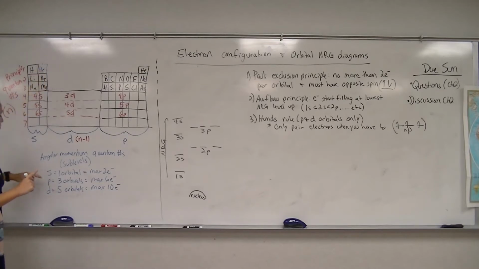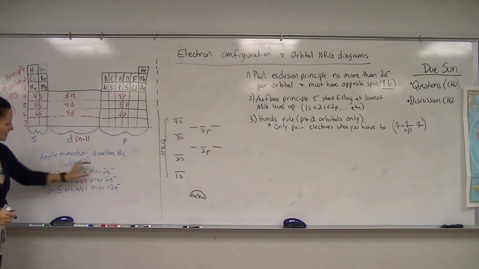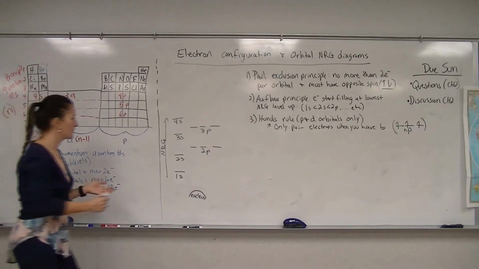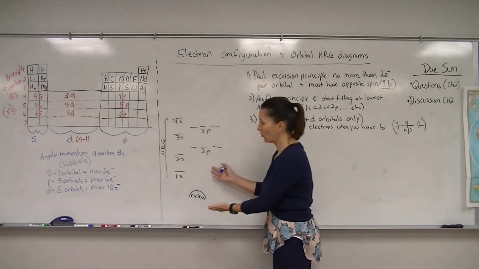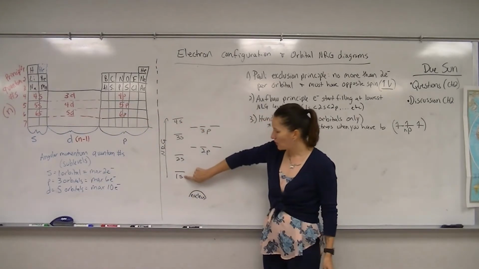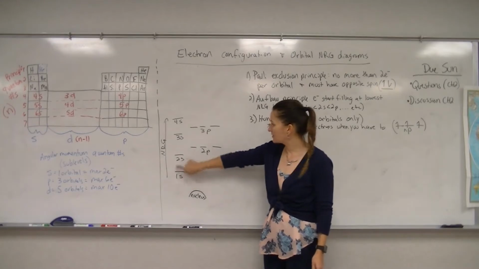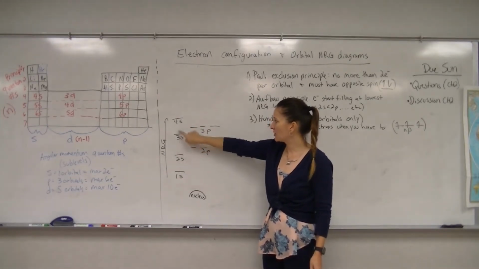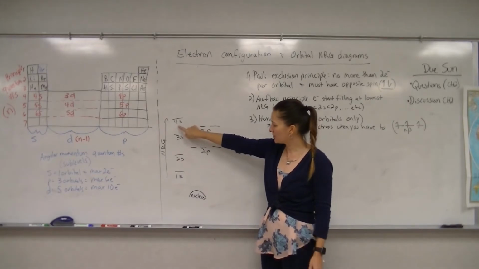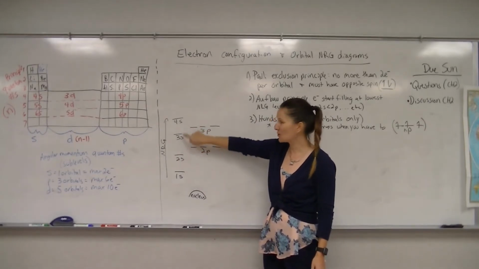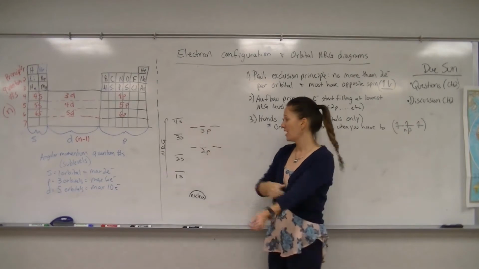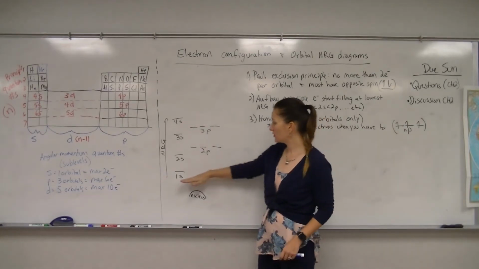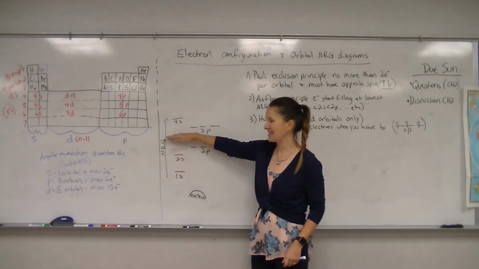The reason I'm bringing this up, the max of 2 electrons, the fact that S has just 1 orbital, is because when we draw it in the orbital energy diagram, wherever I have S, so 1s, 2s, 3s, 4s, these numbers being the principal energy quantum numbers and the letters being the sublevels, notice each one has just 1 space.